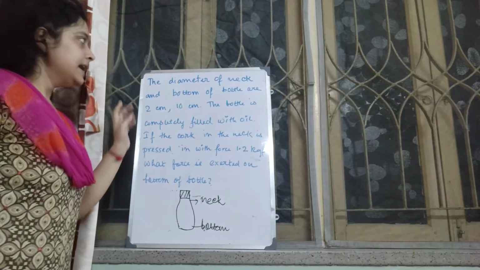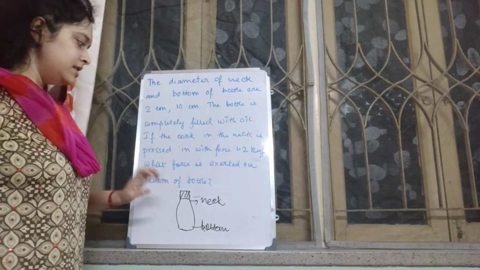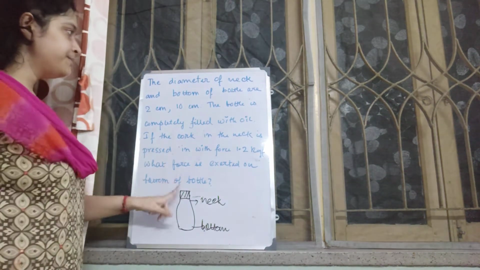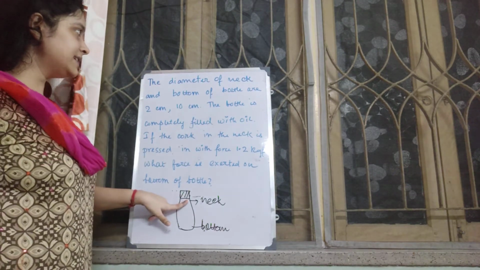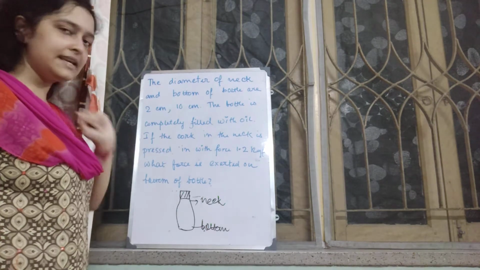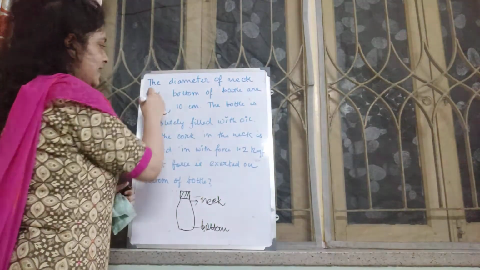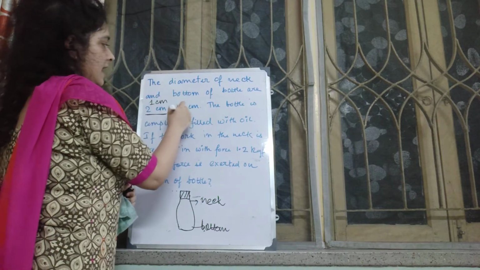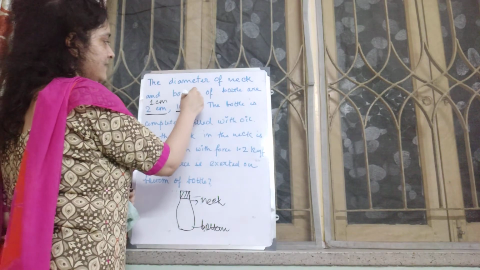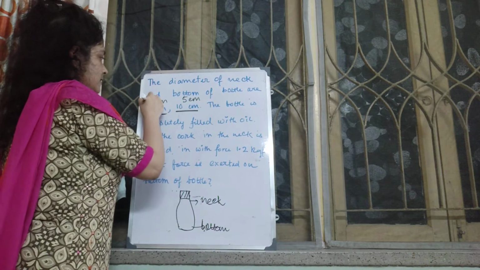See this one. Diameter of a neck and bottom of bottle. Let us consider it's a cylindrical bottle since nothing has been mentioned. Neck, you have the diameter as 2 centimeter and bottom the diameter is 10 centimeter. So the neck diameter is 2 centimeter means radius is 1 centimeter, and bottom the diameter is 10 means radius is 5 centimeter.